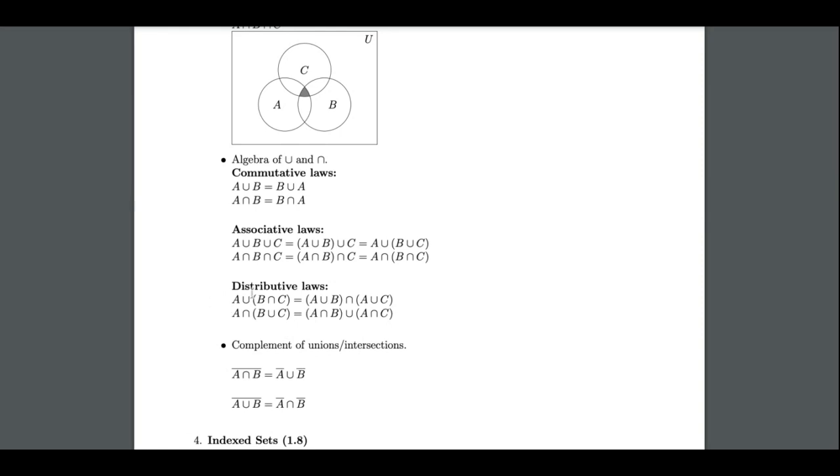When we see A union B intersect C, we would do the inside of the parentheses first, so we would calculate B intersect C first.